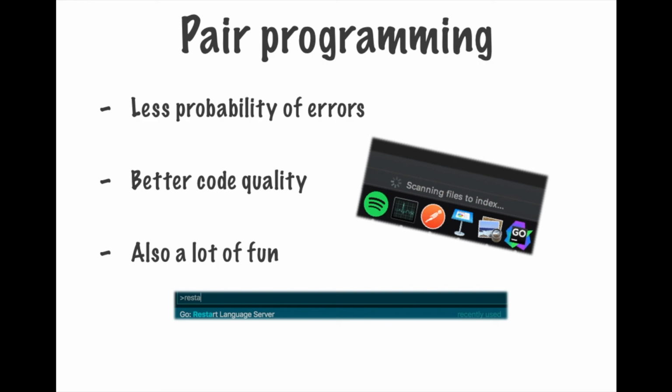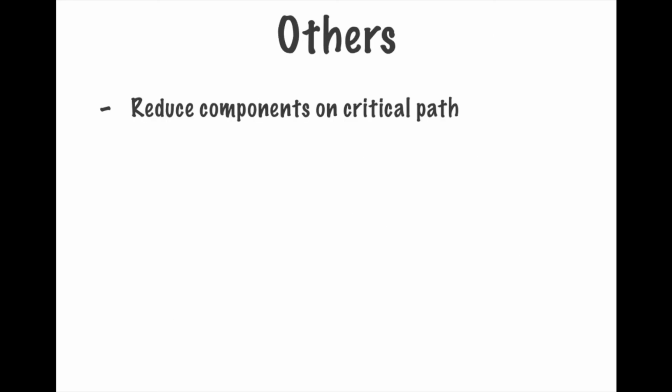And some others: we were able to reduce some components on our critical path just to be sure that it won't break. One of our core components is the configuration of each merchant, and right now our services can live without it.